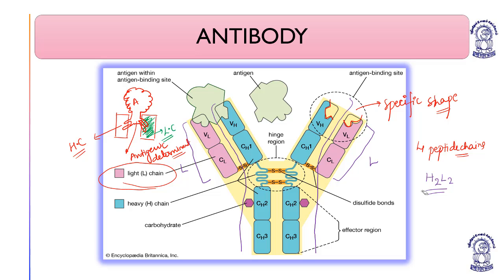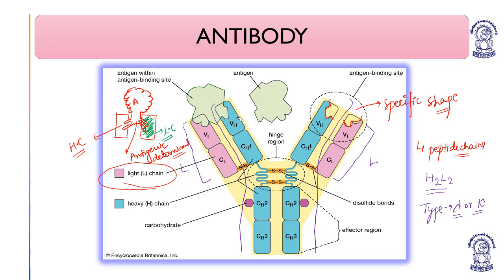The heavy chains have larger number of amino acids while light chain has smaller number of amino acids. Heavy chain and light chains may be either lambda or kappa type. Okay, lambda type or kappa type. Understood? Now you can see the variable region.